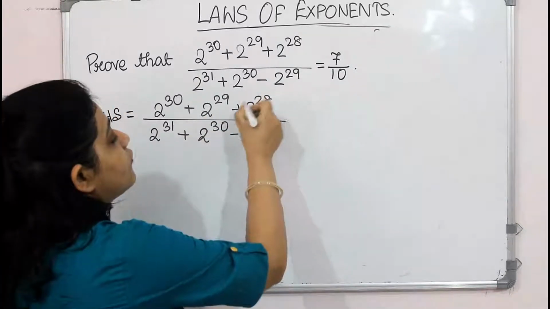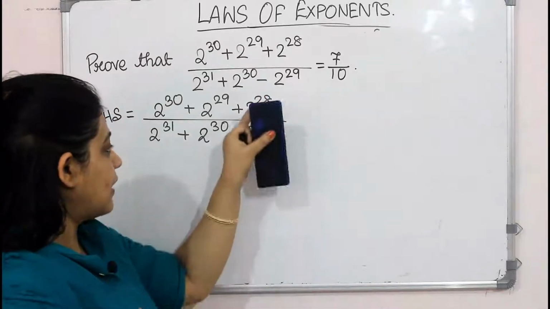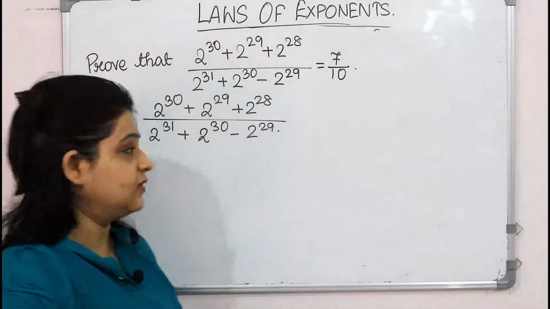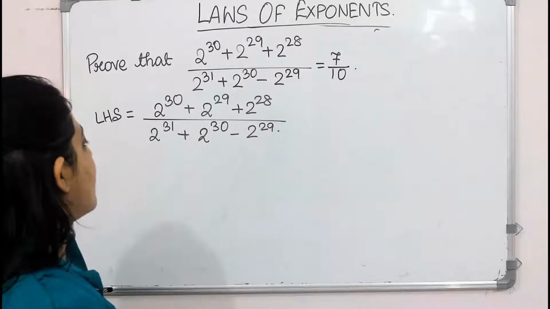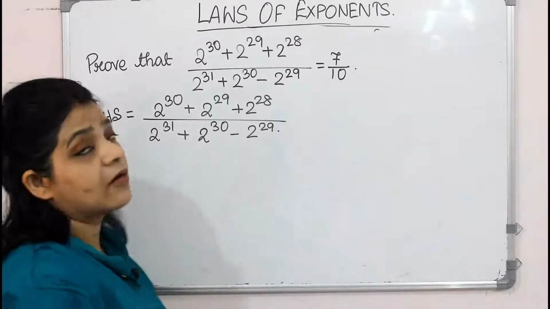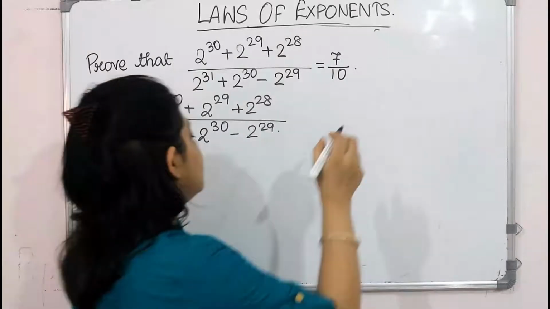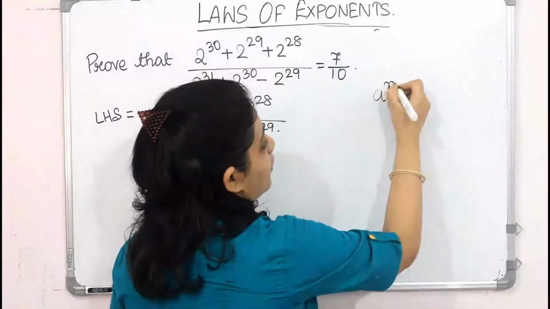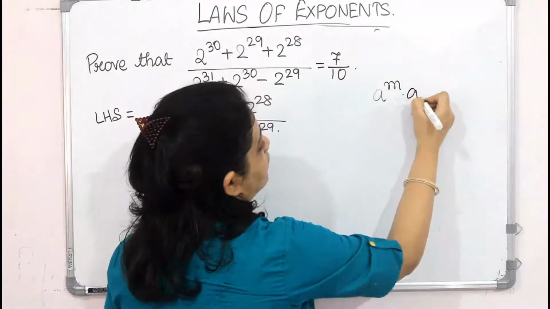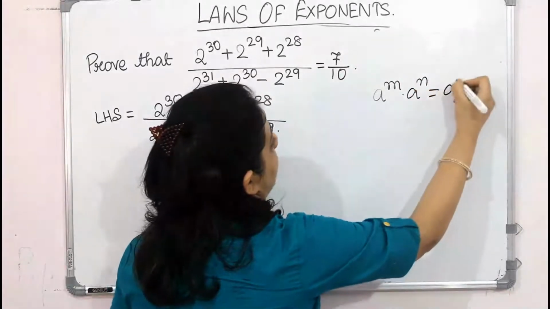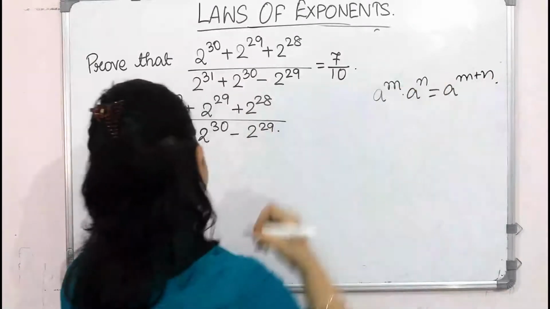So 2 to the power of 28, it has the lowest power, isn't it? Here in the denominator 2 to the power of 29 has the lowest power. Okay. Now here you are to use this formula, a to the power of m into a to the power of n equal to a to the power of m plus n.